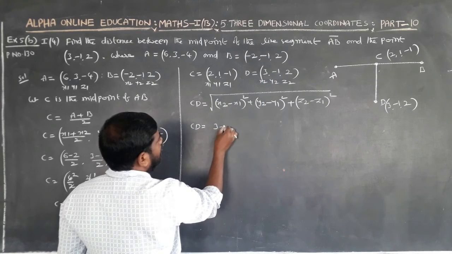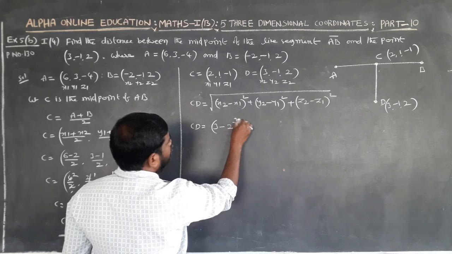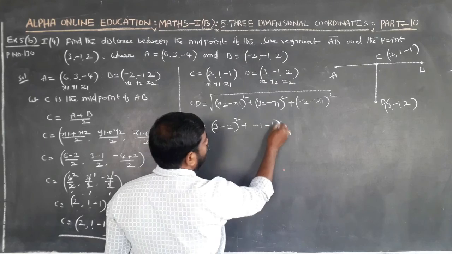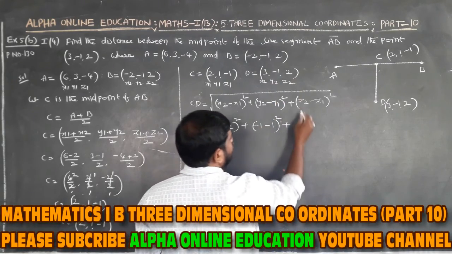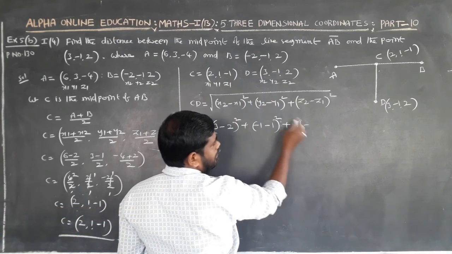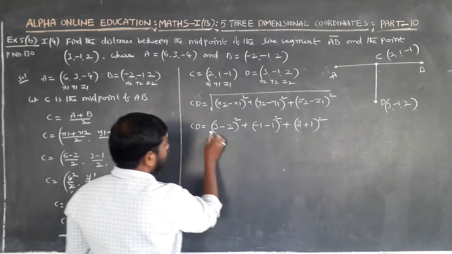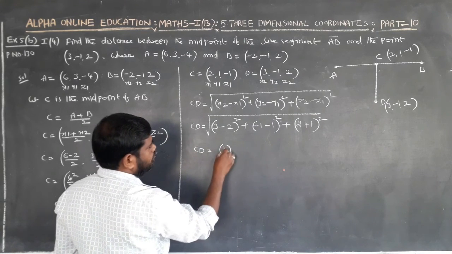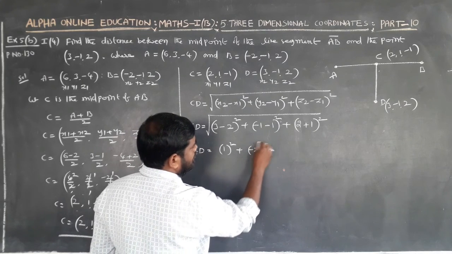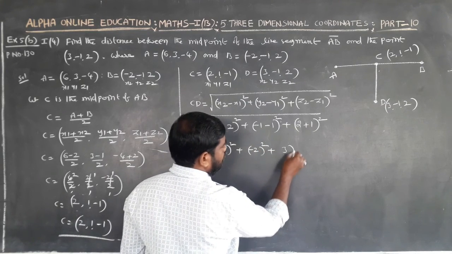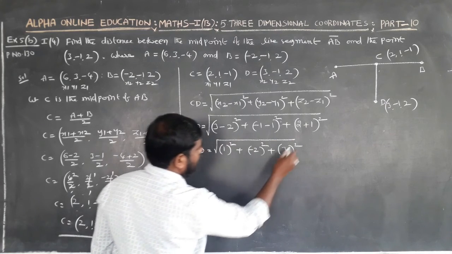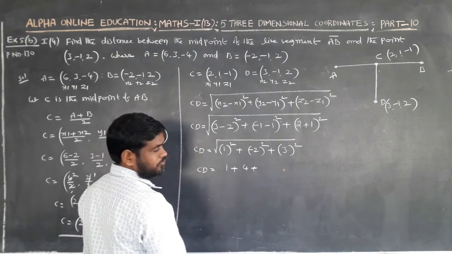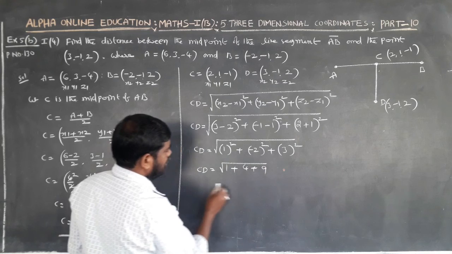x2 is 3, x1 is 2; y2 is minus 1, y1 is 1; z2 is 2, z1 is minus 1. CD equals the square root of (3 minus 2) whole square plus (-1 minus 1) whole square plus (2 plus 1) whole square, which is 1 square, (-2) whole square is 4, 3 square is 9.